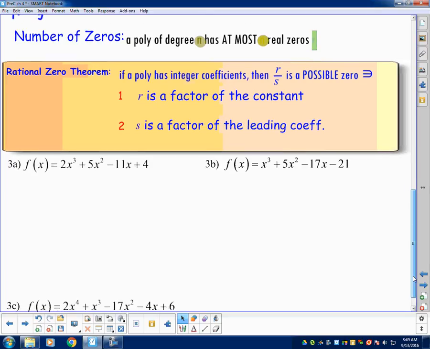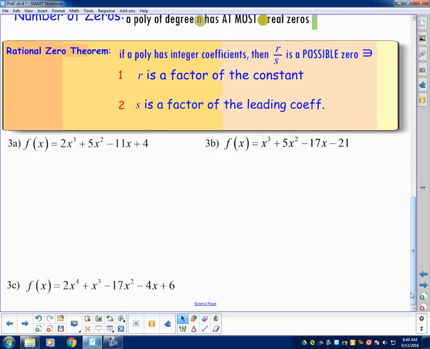This is where we'll finish. So, the way to think about this is we're going to set up a ratio of all the positive and negative factors of R over S. Do you see what I said R was here? R is the constant, and S is the leading coefficient.